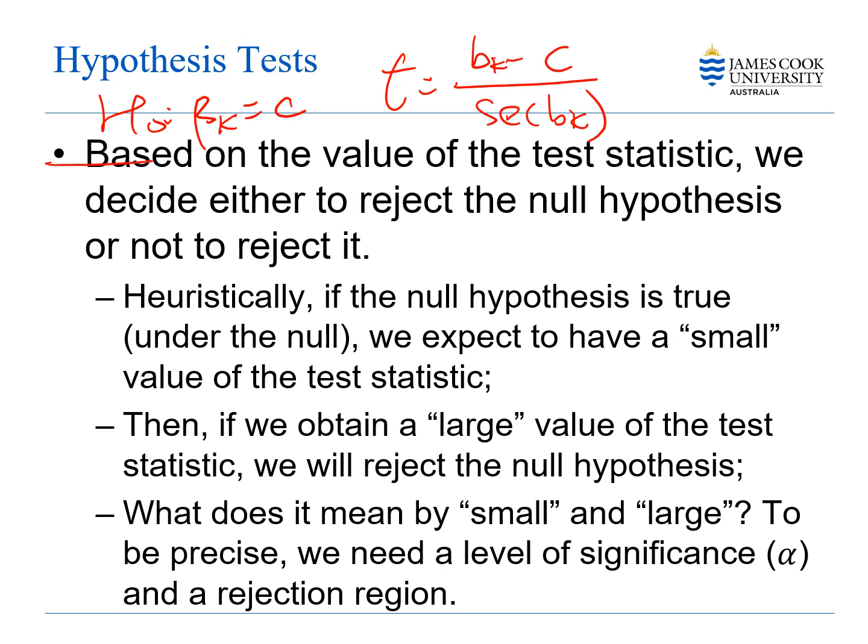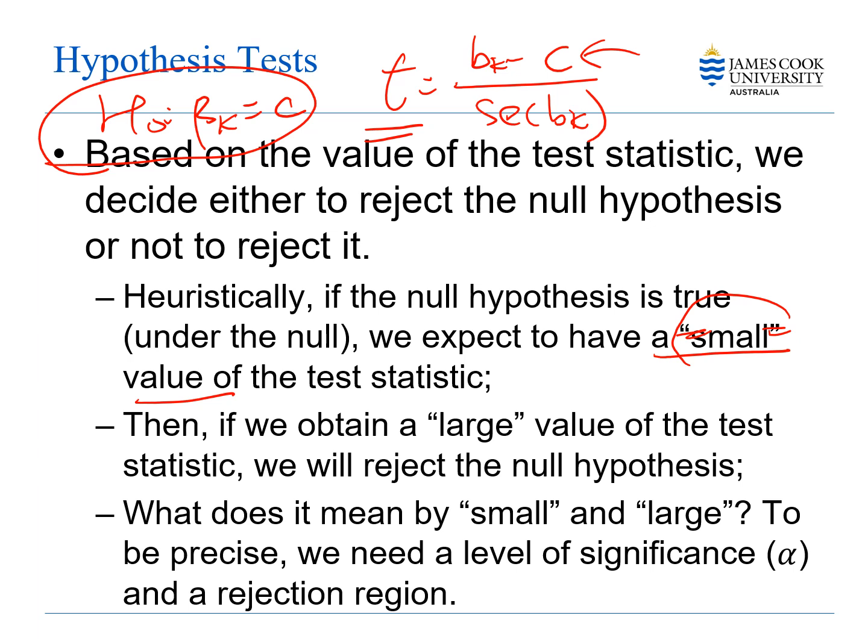So if our null is true, then clearly b_k is the estimate of beta k, so b_k should be very close to c, right? So the value of the T statistic should be small, and I'm putting a quotation mark here, because I'm talking in kind of vague language. You should be wondering what it means by small or large. So if our null hypothesis is true, then our T value should be small.